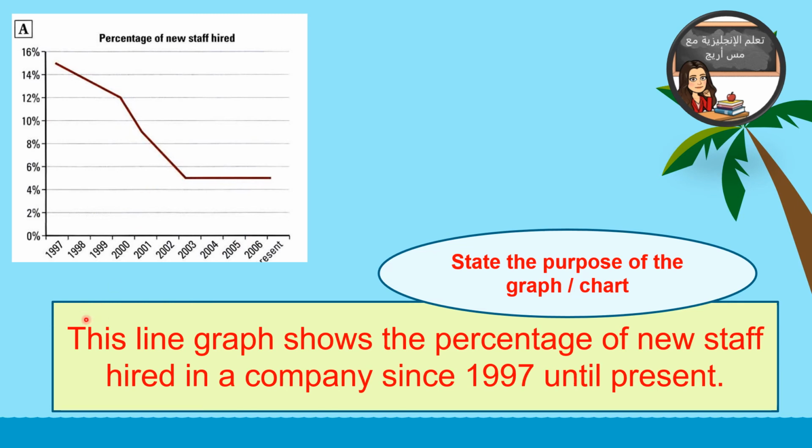So I can say this line graph shows the percentage of new staff hired in a company since 1997, or from 1997 until present. As you can see, I talk about it in general, mentioning the title here, or I can even rephrase it, meaning say it in my own words, which is even better, and mention whether it's a percentage or dollars or money, and whether it's years or months and so on.